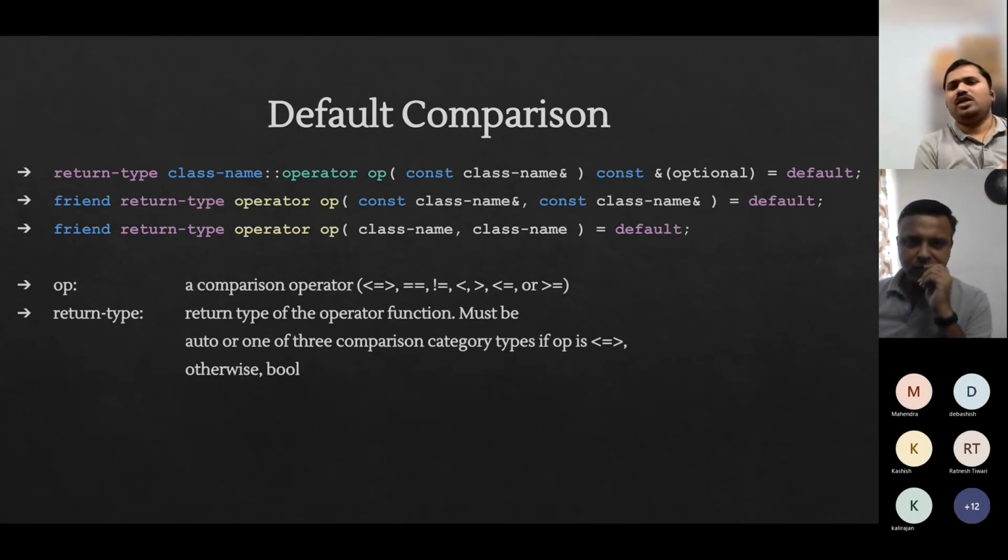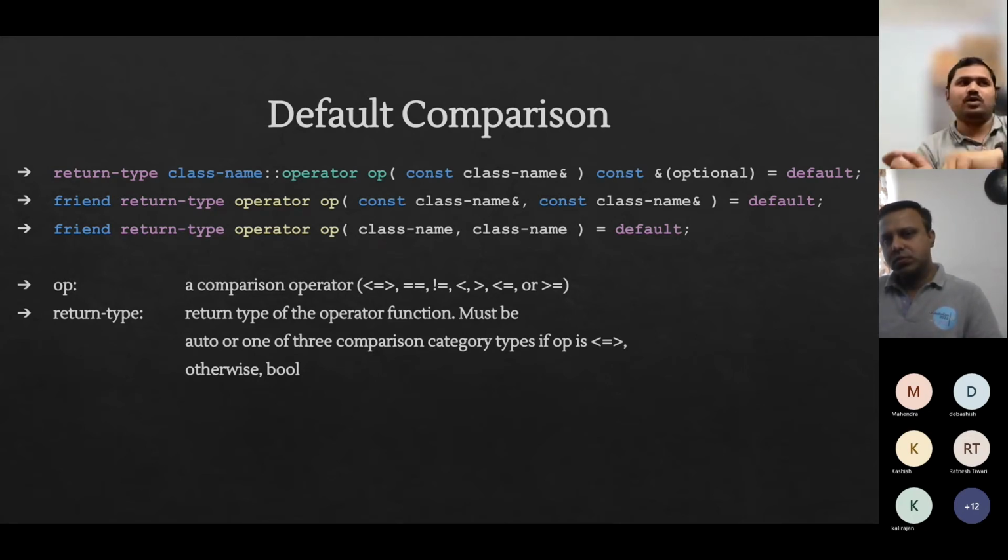It will do the three-way comparison of value 1 of the current object and value 1 of the other object. And if the comparison is not equal to 0, it will return that comparison. When we write our own custom operator, we'll see how that looks. If that comparison is equal to 0, then we go to the next member.